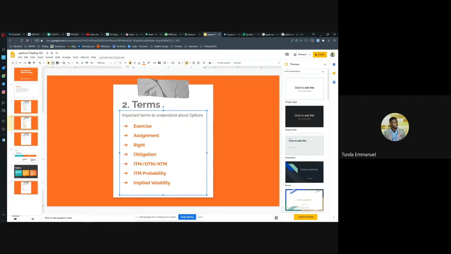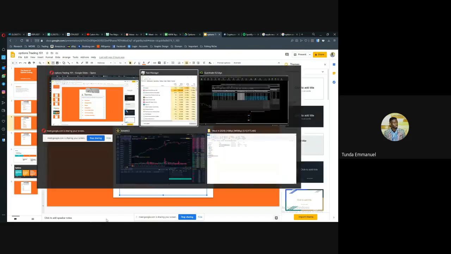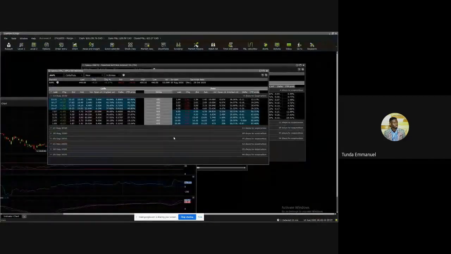Another thing that we need to understand is ITM, which is in the money, OTM, which is out of the money, and ATM, which is at the money. ITM means you buy an option which is already in profit. If you are bullish and buy something lower than the actual price, you are in the money.